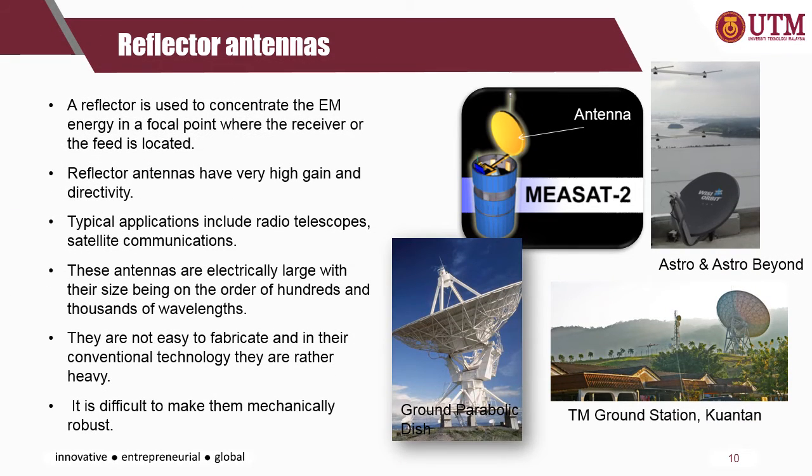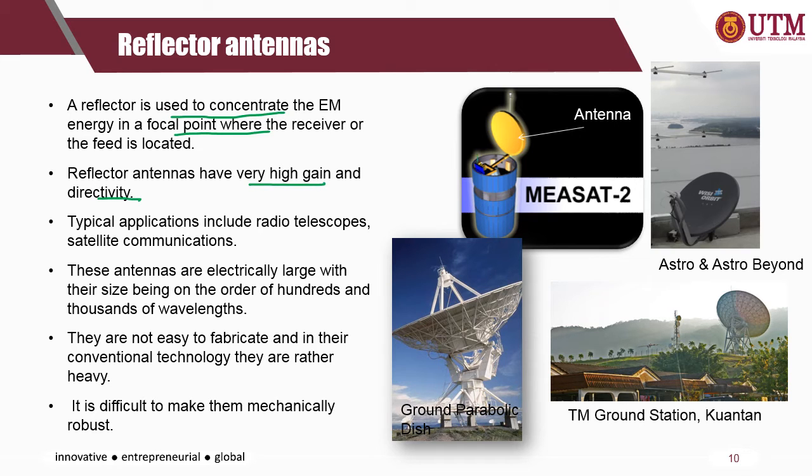Another type of antenna is the reflector antenna, that is usually used to concentrate the EM energy in focal point where the receiver or the feed is located. The advantage of reflector antenna is very high gain and directivity.